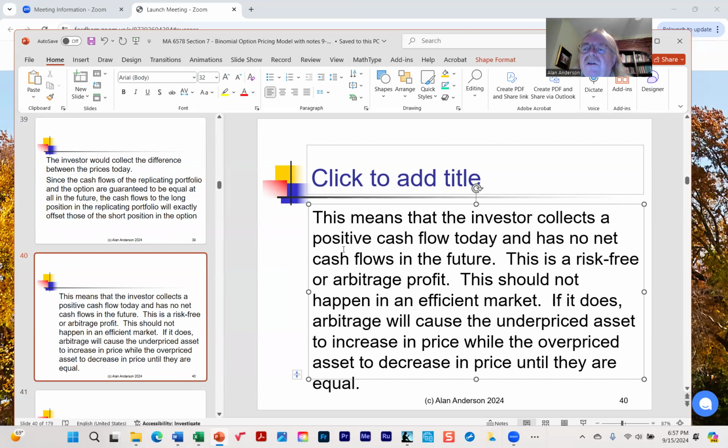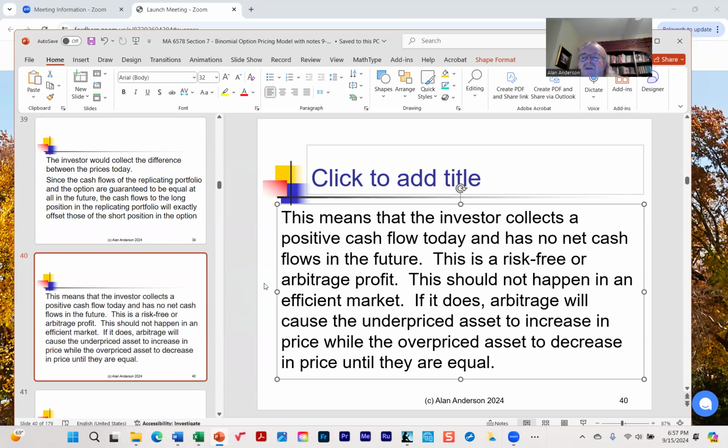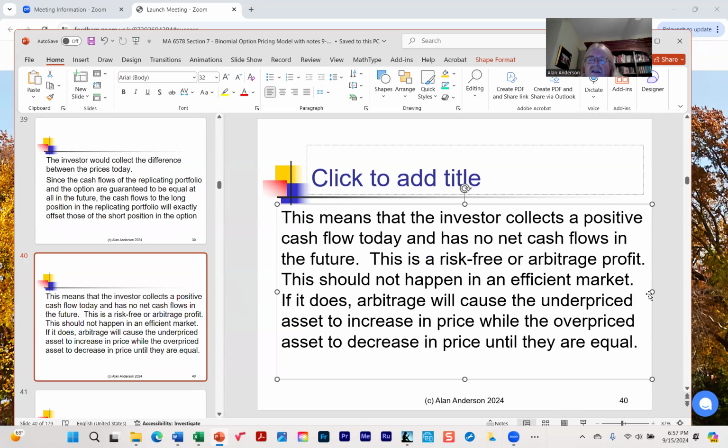Because that's the only time when there's no arbitrage opportunities. So this process will continue until the two equal each other again. In other words, in the process of exploiting this arbitrage, we are forcing the prices back together. And so this opportunity will quickly be eliminated.